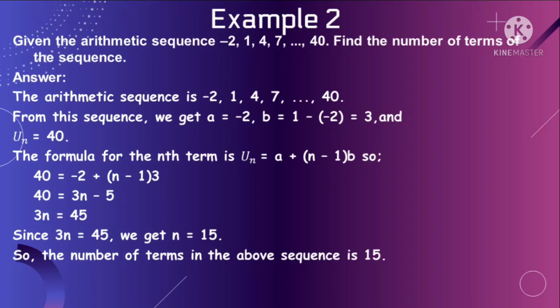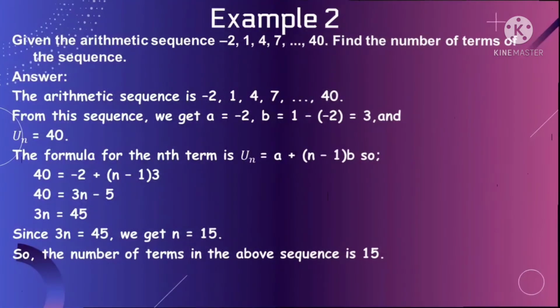So 40 equals minus 2 plus n minus 1, in brackets, times 3. 40 equals 3 times n minus 5. 3 times n equals 45. Since 3 times n equals 45, we get n equals 15. So the number of terms in the above sequence is 15.